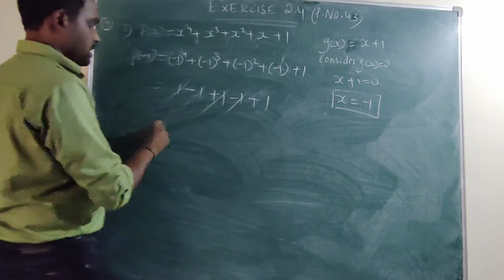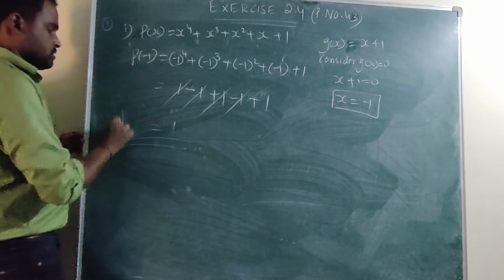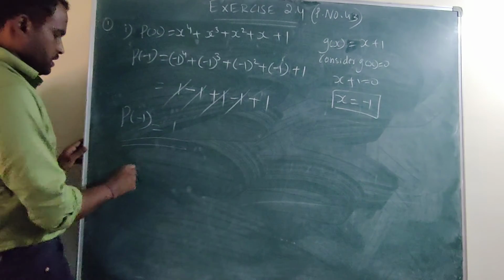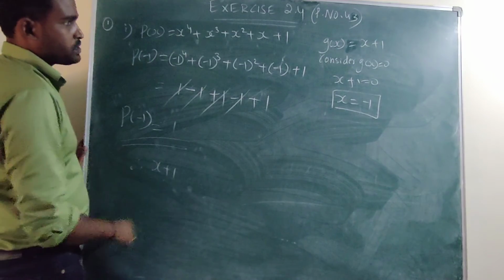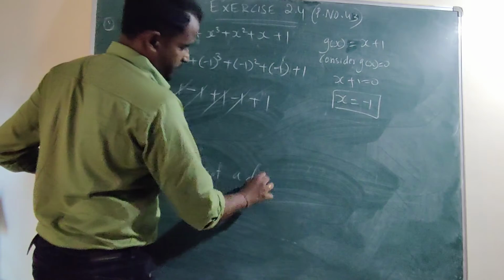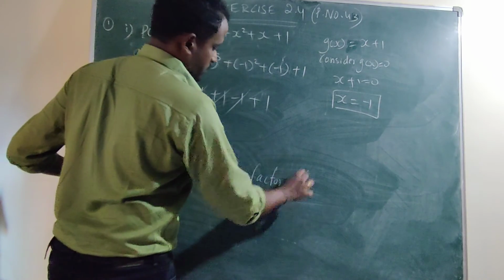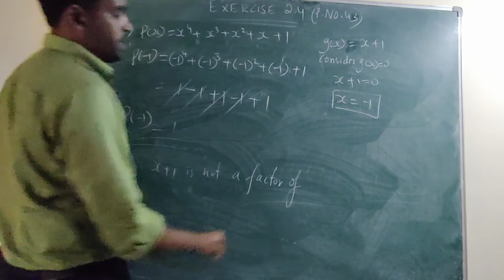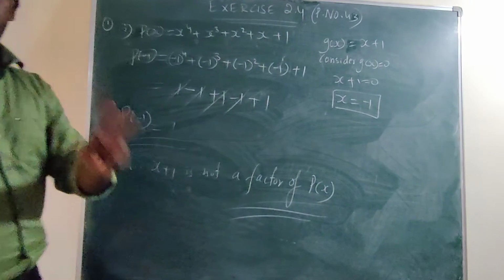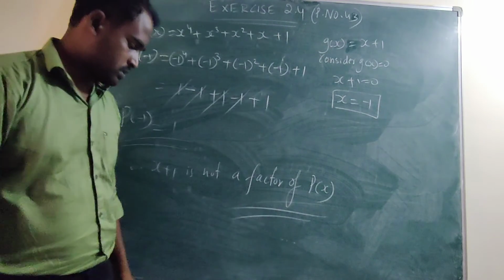Plus 1 minus 1 cancels. Answer is p of minus 1 is equal to 1. Therefore, x plus 1 is not a factor of p of x. That is the end of second sub question, students.